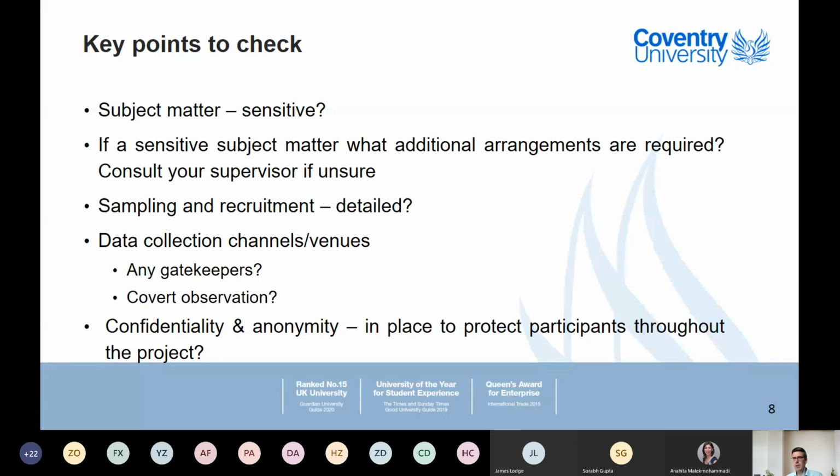So if you're interested in looking at harassment in the workplace, why not? It's an important topic, so we shouldn't not do it just because it's difficult. But you need to think of ways to approach it which are safe enough both for you and for the respondents.